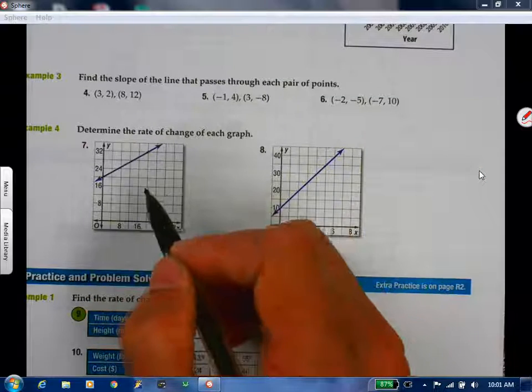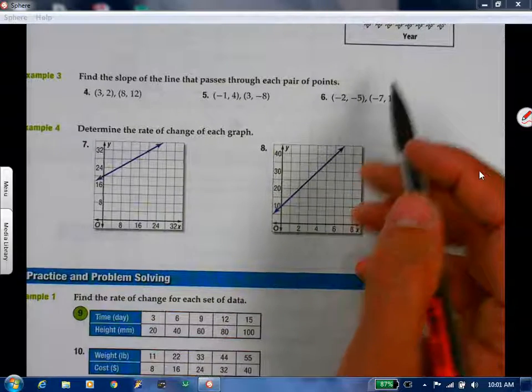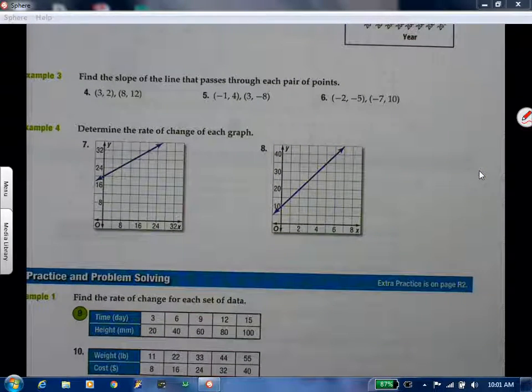So from right there to right there, how much are we going up? So what number would this be right here? That's 20. And this line is 32, so we want up 12.